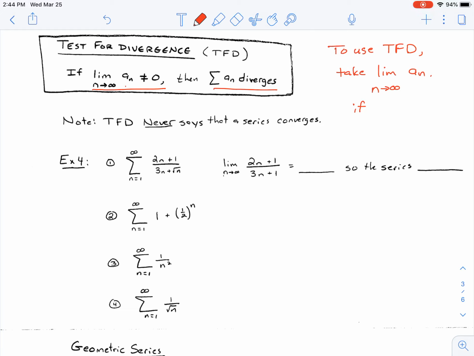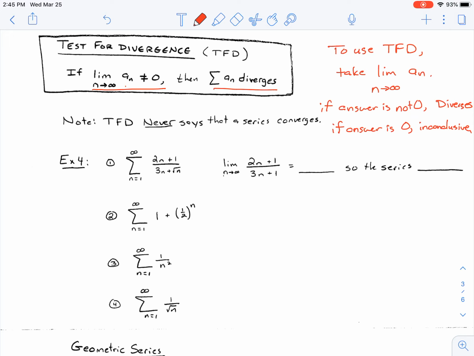If the answer is not zero, then it diverges. If the answer is zero, it's inconclusive. It never tells you that something converges.